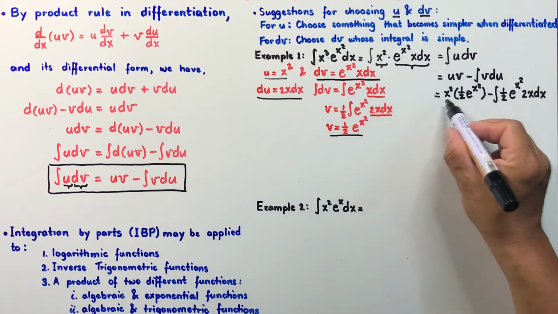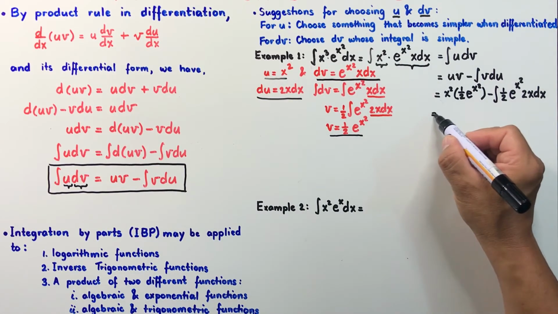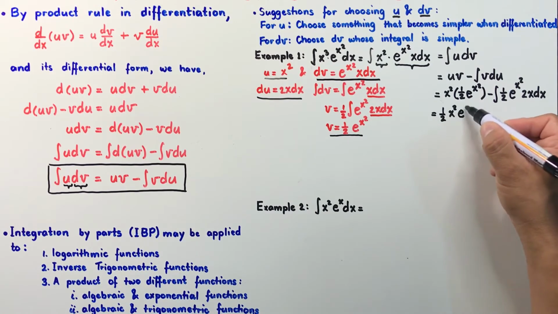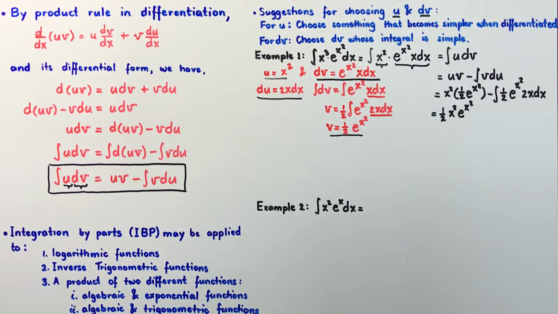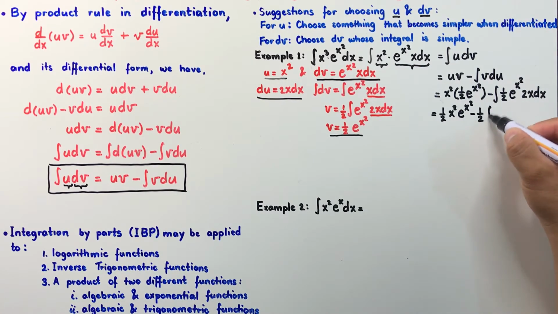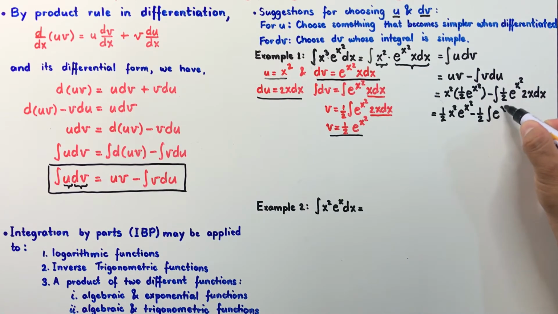So multiplying this 1/2, we have 1/2 of x squared times e to the power x squared. And this will be subtracted by 1/2 of the integral of e to the power x squared 2x dx here.